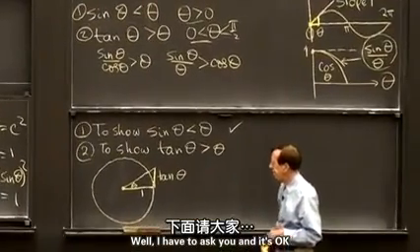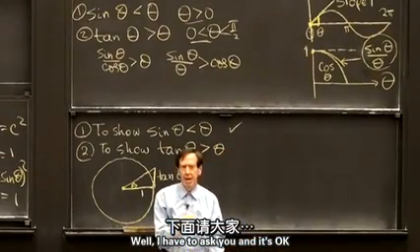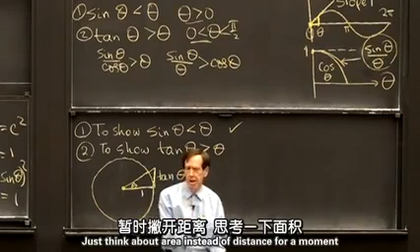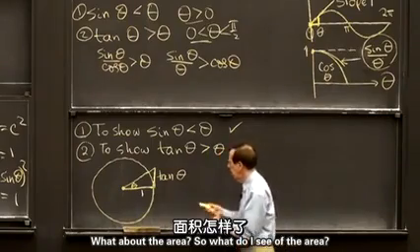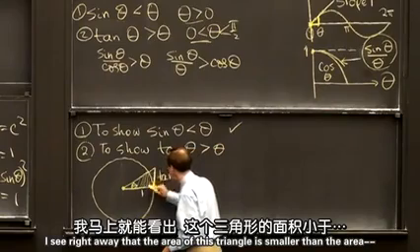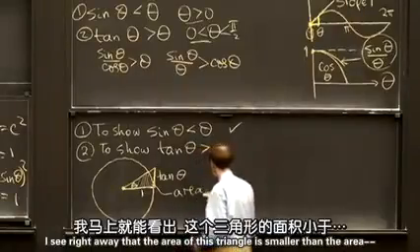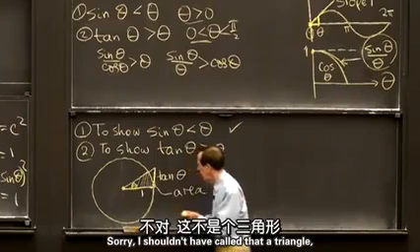Well, I have to ask you, and it's okay, to think about area instead of distance for a moment. What about area? So what do I see of area? I see right away that the area of this triangle is smaller than the area, I'm sorry, I shouldn't have called that a triangle.